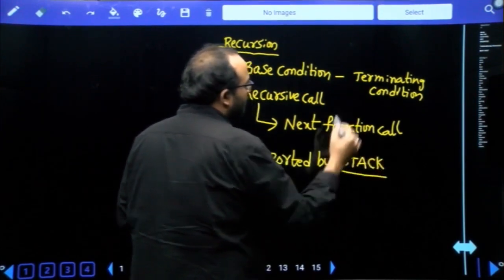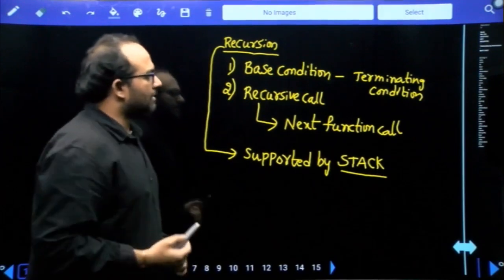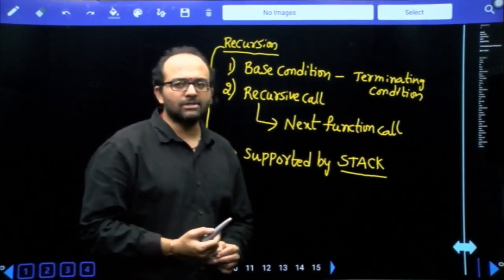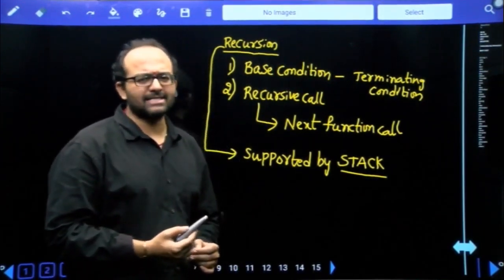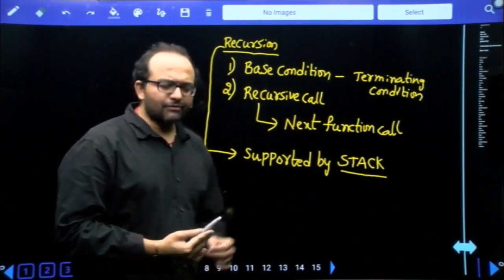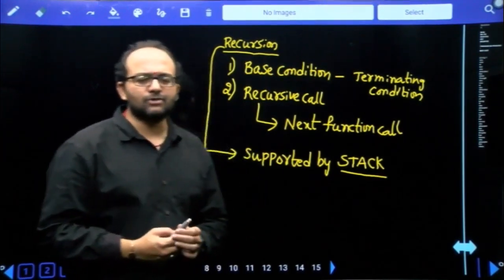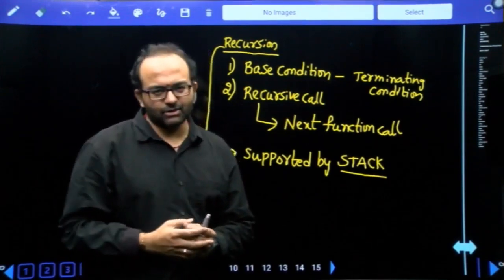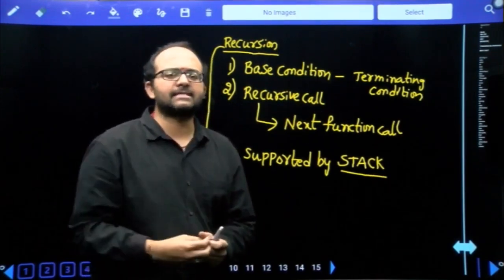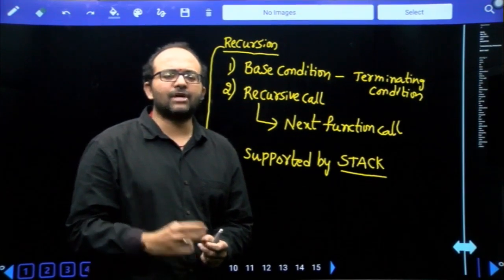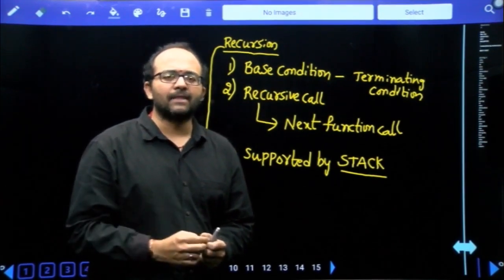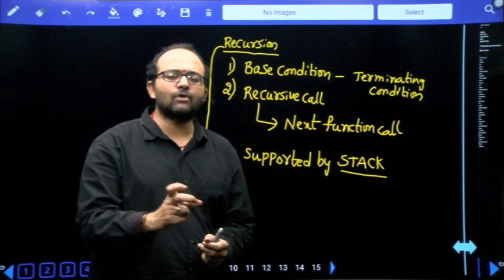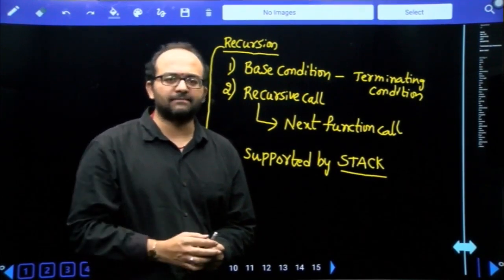Remember this: recursion is implemented or supported by the stack data structure. Whenever a function is called, its corresponding information kept inside an activation record is pushed onto the stack. The moment function execution ends, its activation record is popped out from the stack.